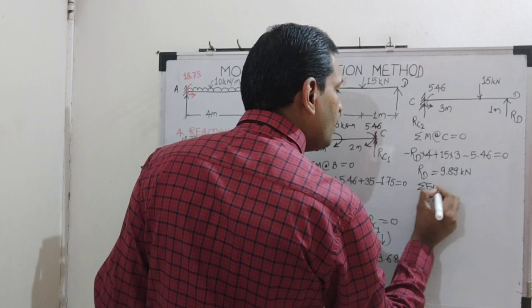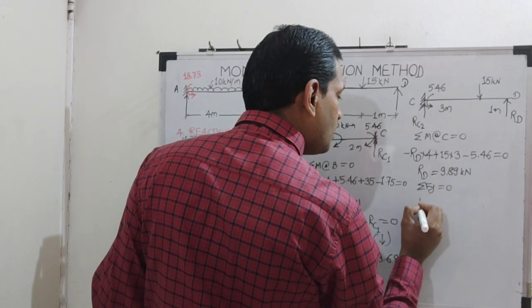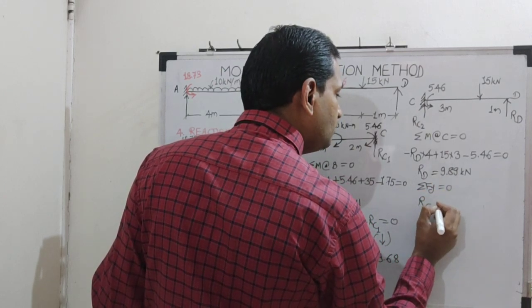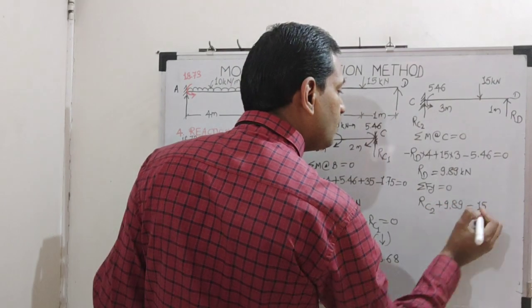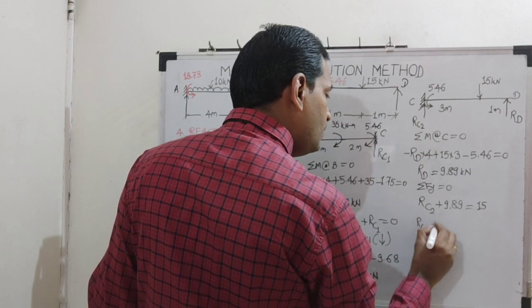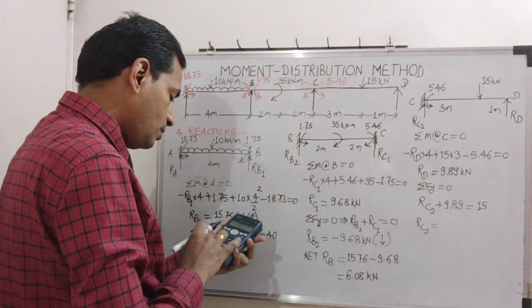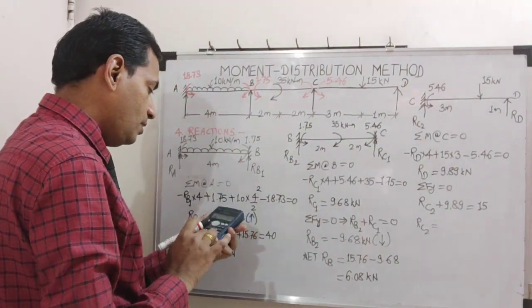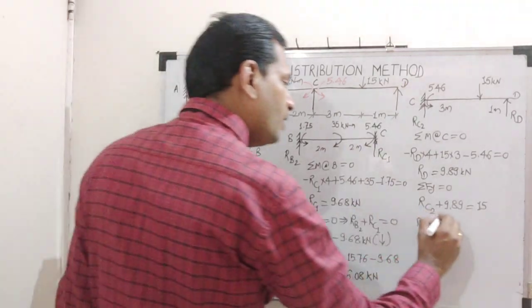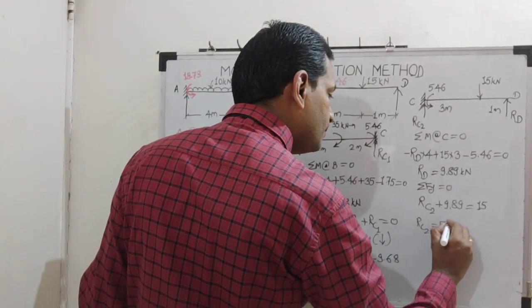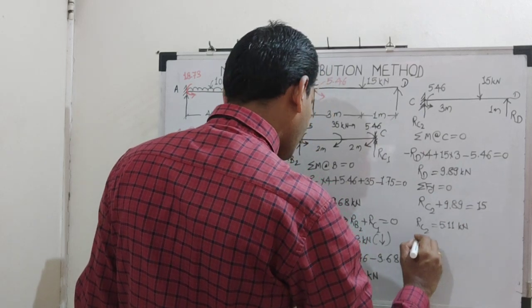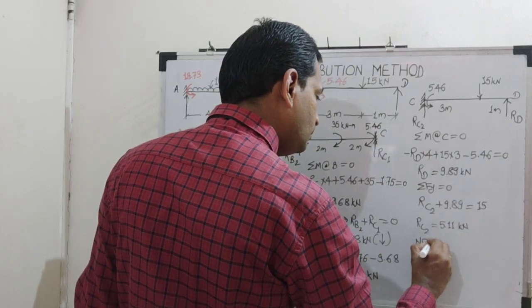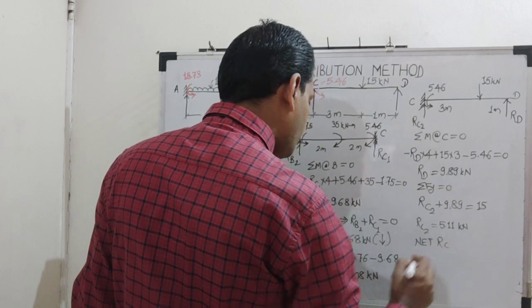Then summation Fy is equal to 0. So RC2 plus 9.89 is equal to 15. So what will be RC2? 15 minus 9.89. So it is 5.11 kilonewton. So what will be net RC, RC1 plus RC2?